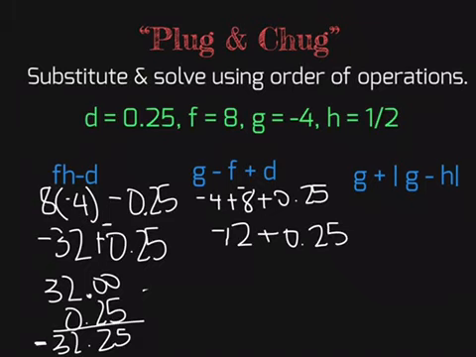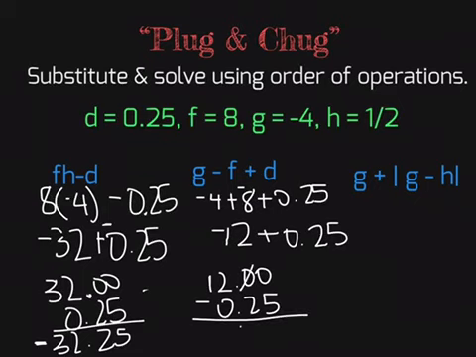Then I look and see this one is negative, this one is positive. When I put positives and negatives together, I actually subtract. So this time I have to do 12 minus 0.25. And on the number 12, the decimal would come after. And I am subtracting, so I'm going to drop my decimal right where it needs to be.